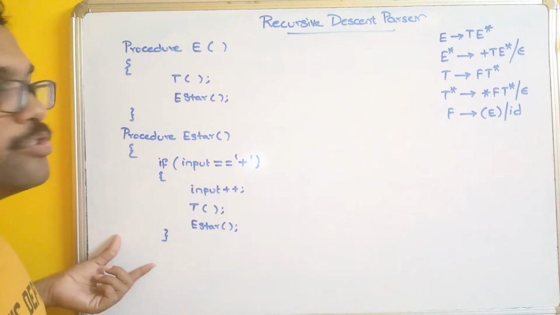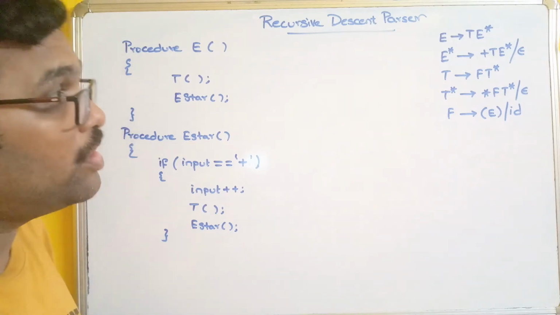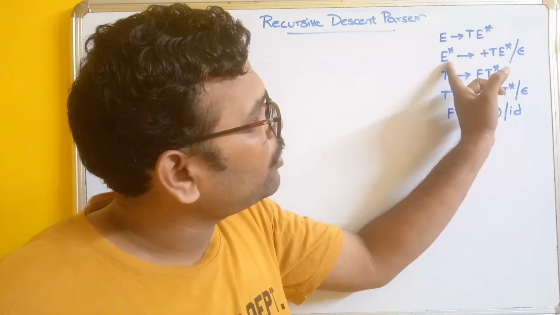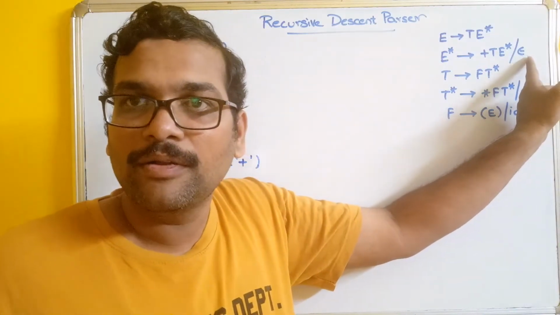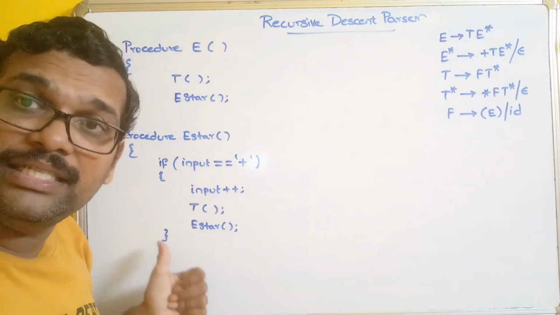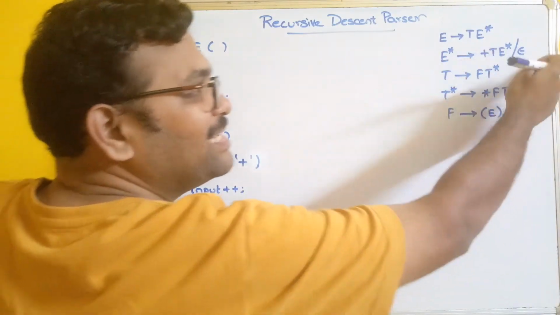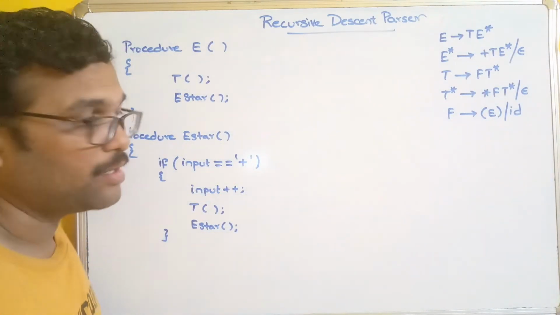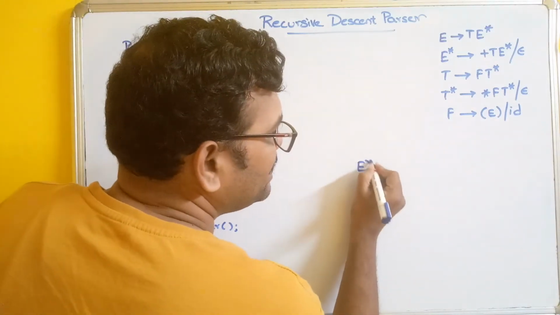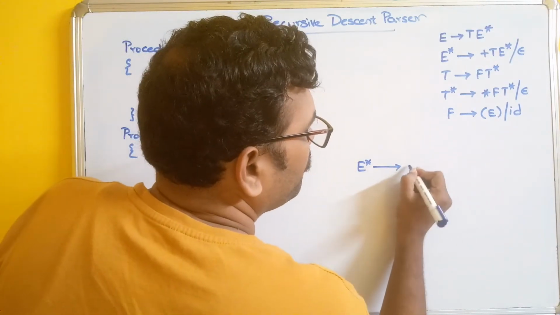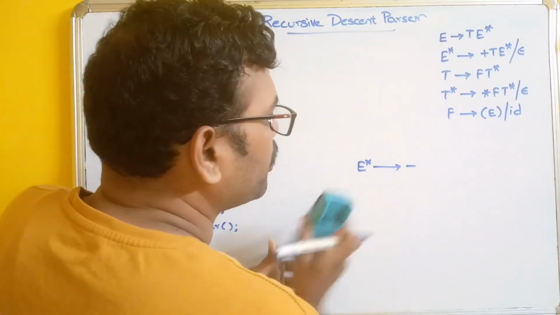Has this procedure been completed? No, because E star also points to epsilon. That should also be written in this same procedure. So if the input is plus, do this, else it will be epsilon. So we are taking E star as having two productions.